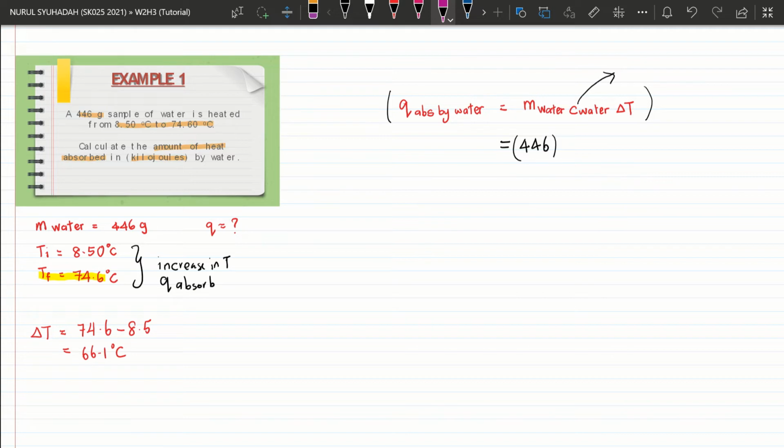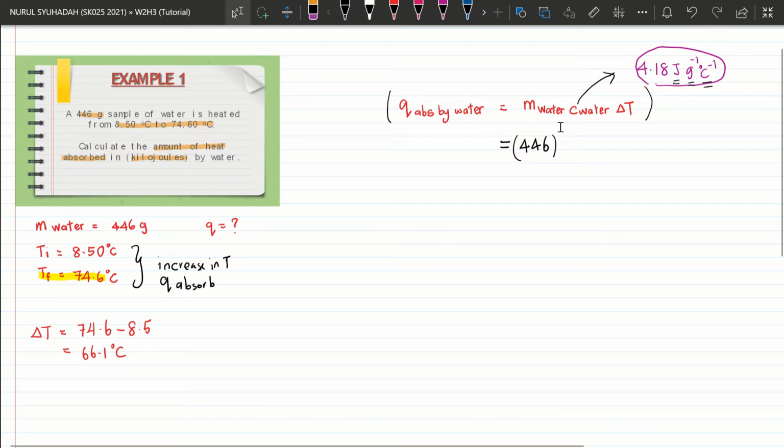So the value for specific heat capacity of water is 4.18 joule per gram per degree Celsius. If you look here, the unit used is joule, gram, and degree Celsius. So that's why the mass of the water must be in grams.